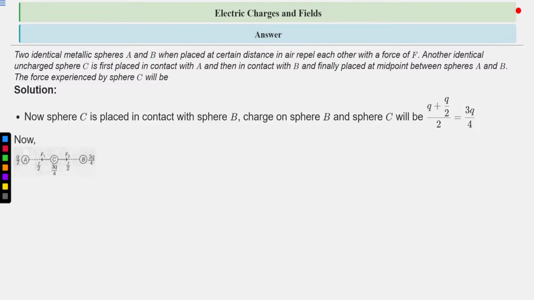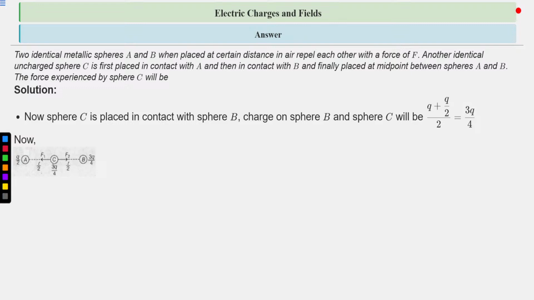Now, this is the diagrammatic representation. C is placed here. A has charge Q by 2, B has charge 3Q by 4, C has charge 3Q by 4. Now, F1 is the force experienced by C due to B. Because these charges are of the same polarity, B will repel C in this direction.